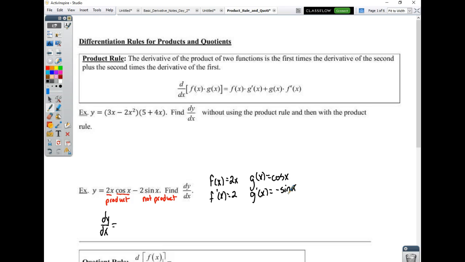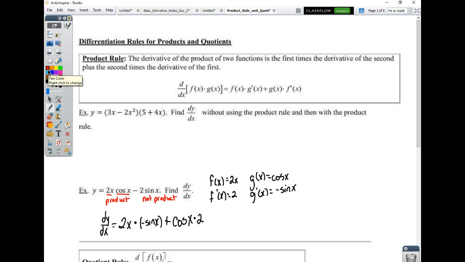All right, so if we follow the rules, it's the first, f of x, 2x, times the derivative of the second function, which is negative sine x, plus the second, which is cosine of x, times the derivative of the first, which is 2.